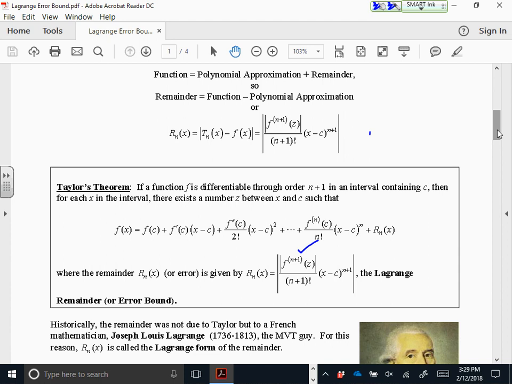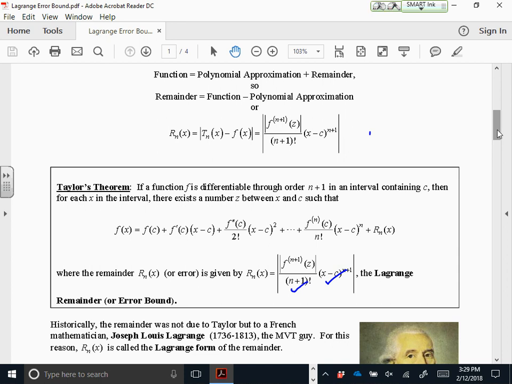If we're talking about the 5th degree polynomial, this would be the 6th derivative. If it's the 7th degree polynomial, we're talking about the 8th derivative. So the next derivative over the next factorial multiplied by the next power.